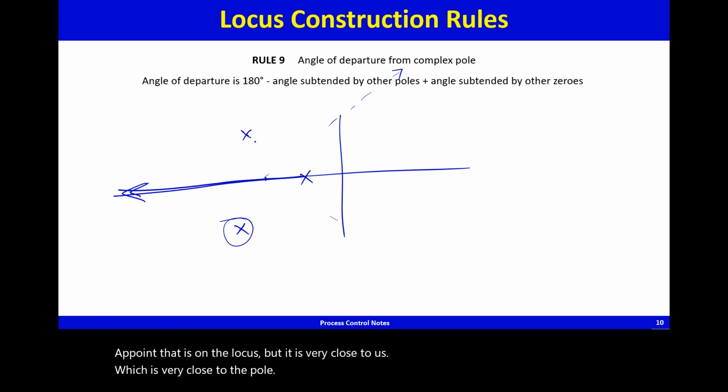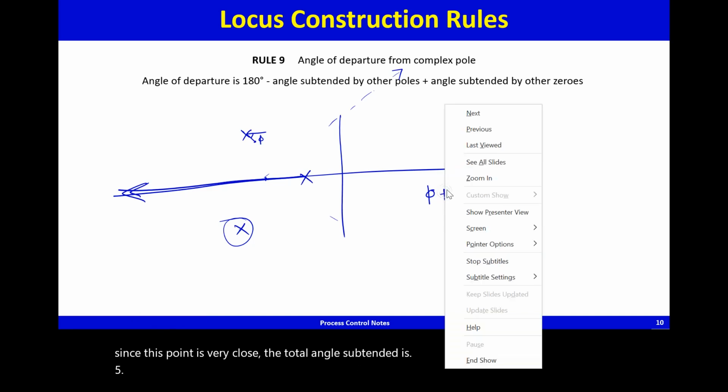Then the angle that guy is subtending is, let us say, phi. Then since this point is very close, the total angle subtended is phi plus or minus as you please.